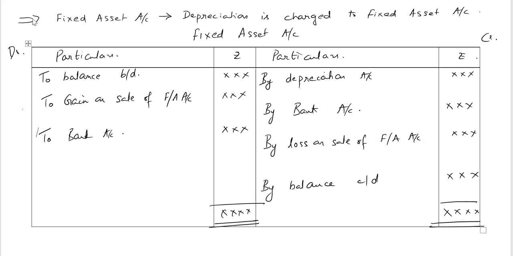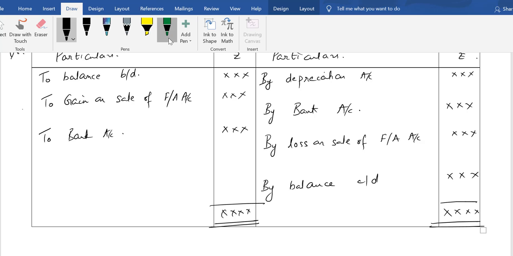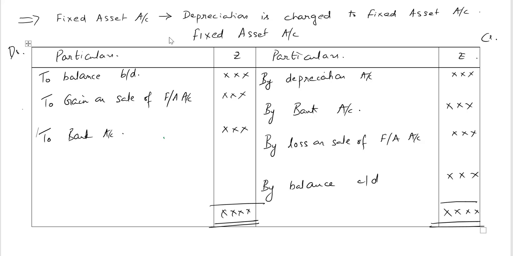We'll check out where we will get information and how we will show it in the cash flow statement. The opening balance, balance brought down, we will take it from the opening balance sheet, and the closing balance by balance carried down, we will take the figure from the closing balance sheet.